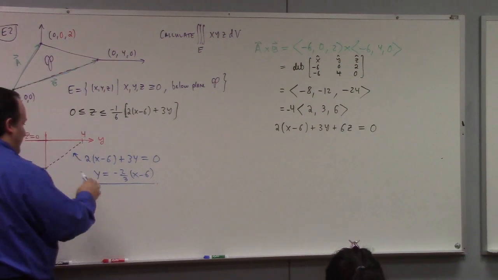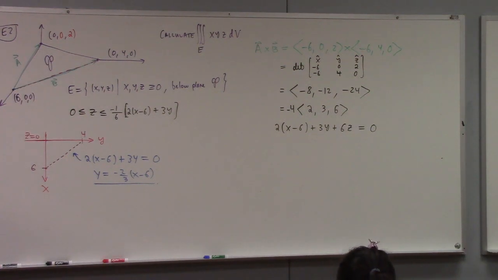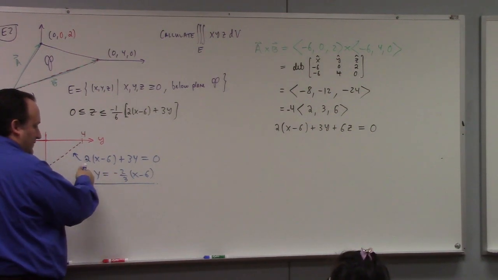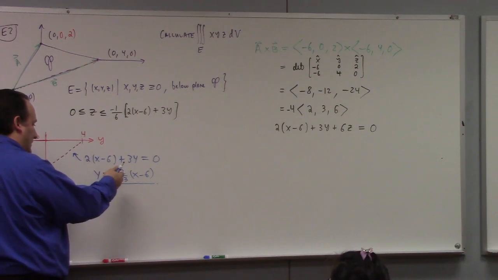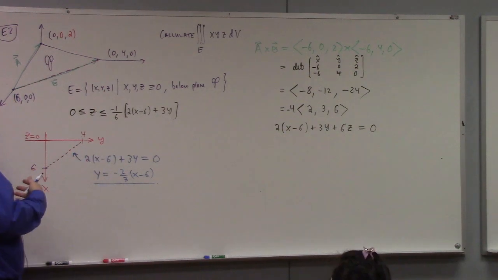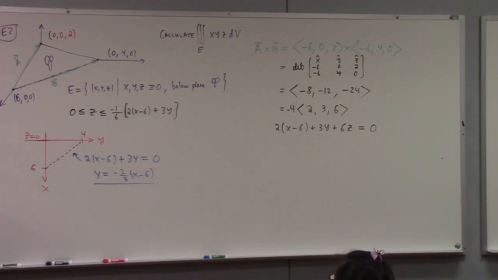Let's check ourselves on that. If I put x equal to 6 into that formula, I get y equal to 0, yay. If I put y equals 4 into this formula, then I get 12 divided by minus 2 is minus 6 equals x minus 6, x equal to 0. Hooray, it works. So it goes through both of the points that I want.